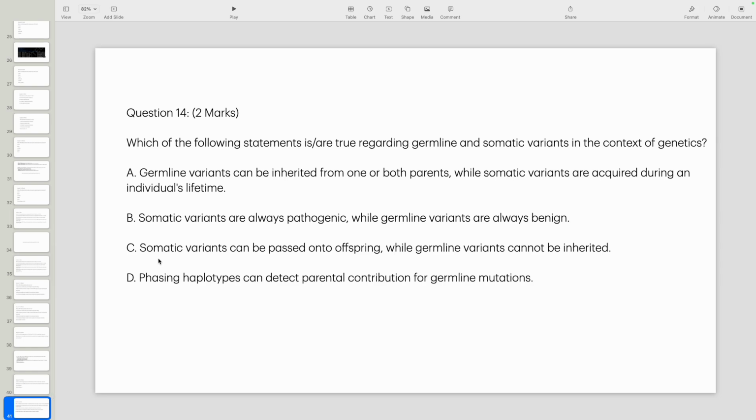Which of the following statements are true regarding germline and somatic variants in the context of genetics?